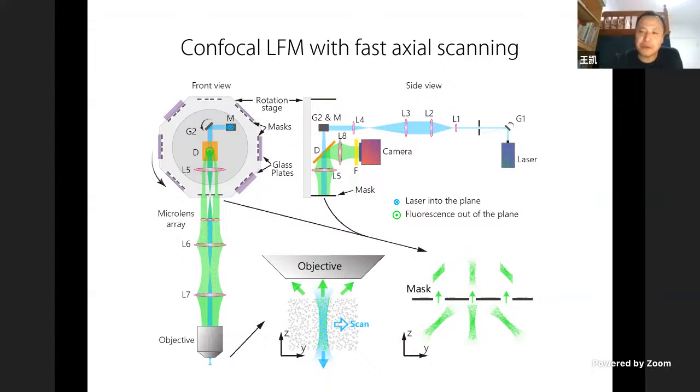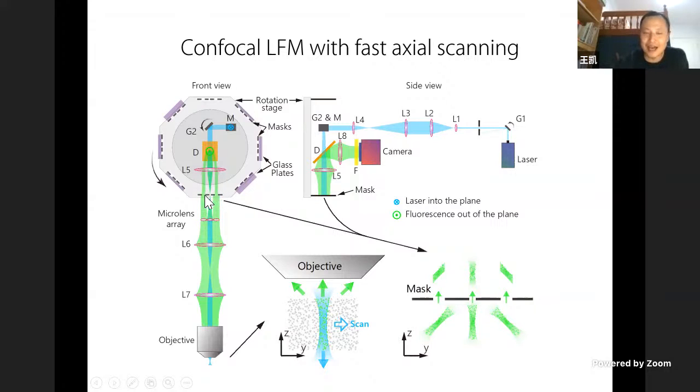Right. So the way we build this system is that we build half the system with the objective, the lens, the microlens, all in place. Then we put a fluorescent bead to measure a so-called point spread function. That bead exactly mimics what happens in real imaging. And we put the camera. In a complete system, there is a mask here, right?